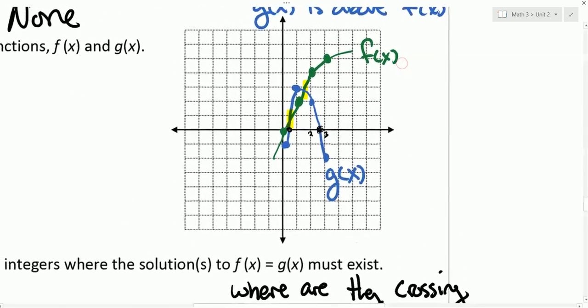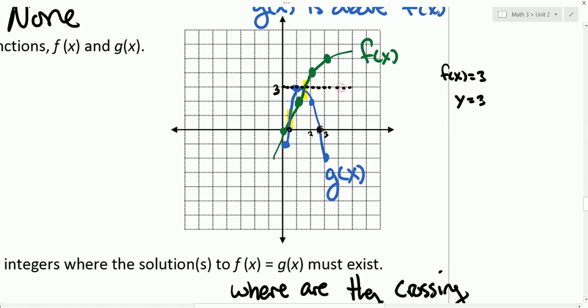Okay, f of x is our green graph. And if I want f of x to equal 3, that means the y value of f of x is equal to 3. Well, on the y-axis, here's where 3 is. And I'm just going to put a little dotted line across there.